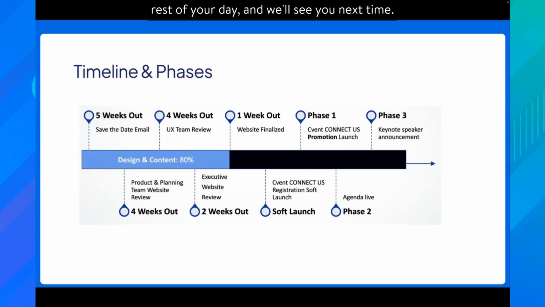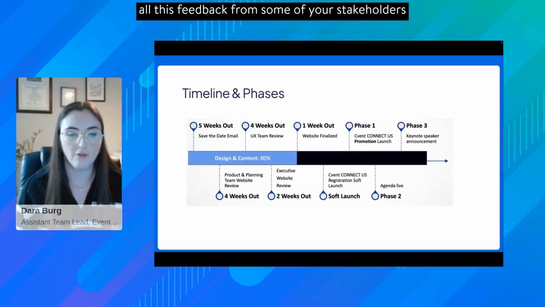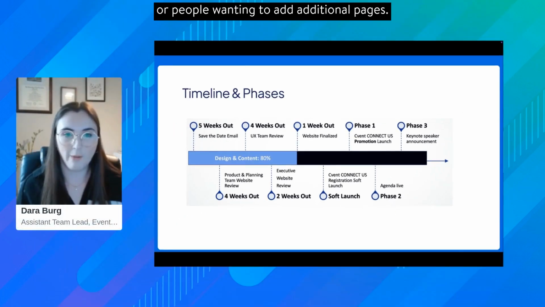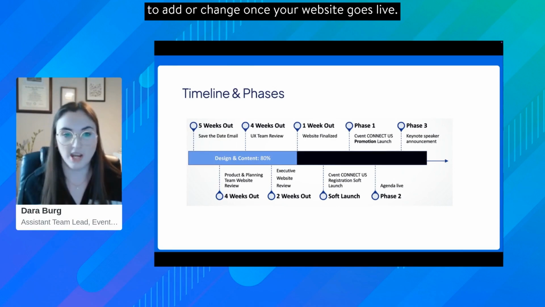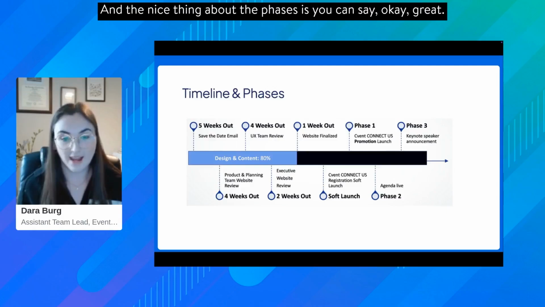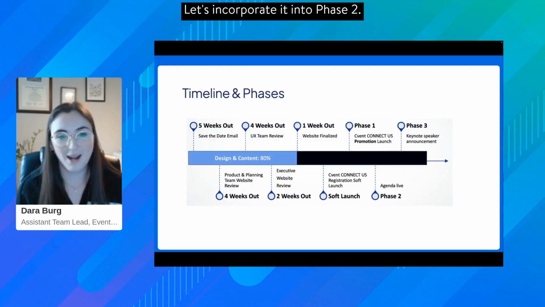Now, the genius of the phase process is that it allows you to plan out changes to your website. Maybe when your website went live, you got emailed all of these different changes or feedback from some of your stakeholders, or people wanted to add additional pages. There are always things that people may want to add or change once your website goes live. The nice thing about the phases is you can say, great, love that feedback, let's incorporate it into phase two.